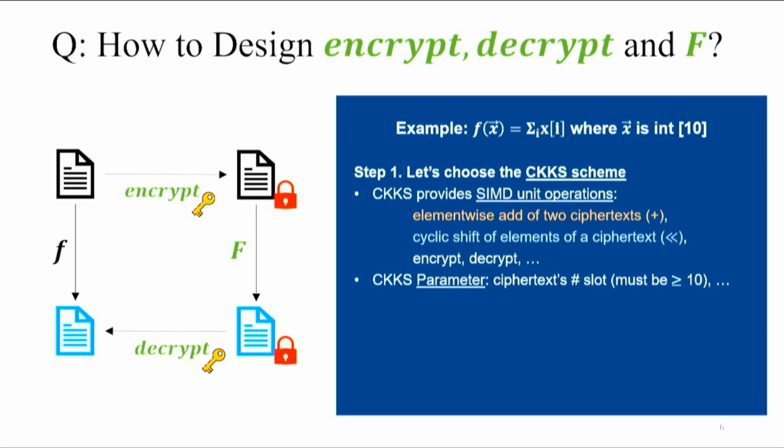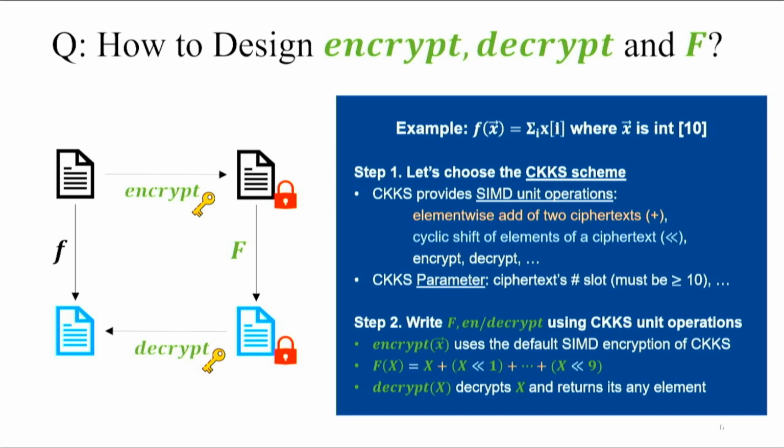CKKS provides unit operations on the ciphertext, including addition of elements, cyclic shift of elements of the array, and also encrypt and decrypt. And then we can also determine the parameters of the ciphertext, such as the number of slots in the ciphertext, which should be not less than 10, because we are dealing with an array of 10 elements.